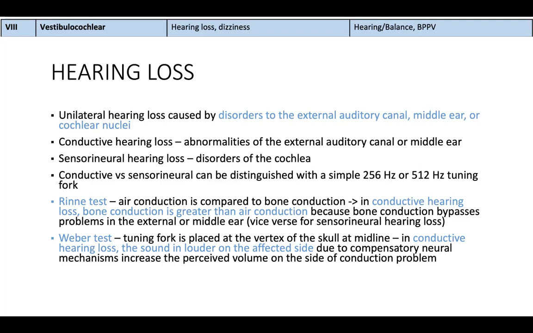So I know it says that, but it's not what we do. It's not what they do in ENT, because they do this test on every person that comes through the door.